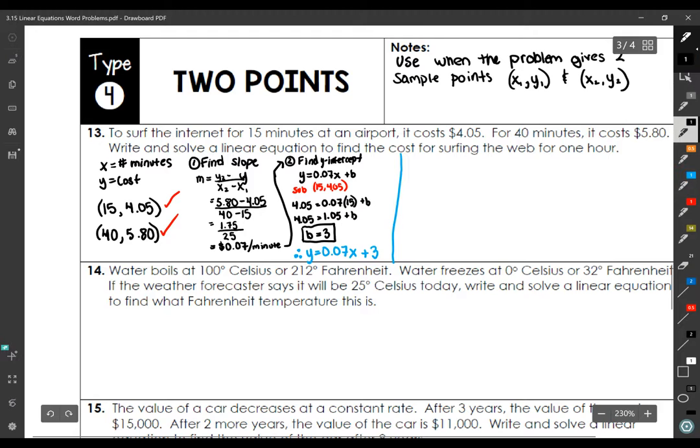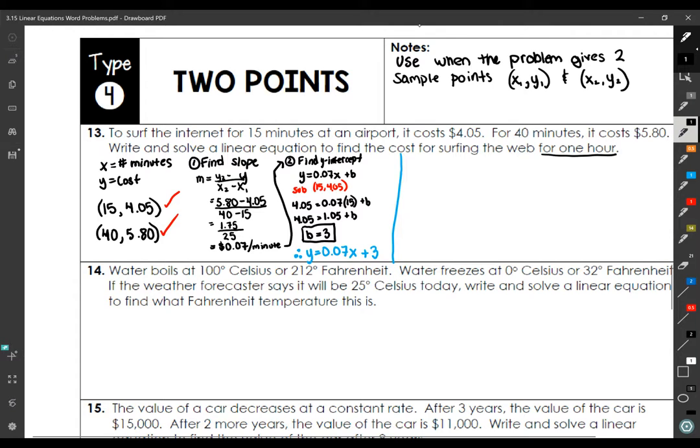Write and solve a linear equation to find the cost for surfing the web for 1 hour. Are they giving us x or y? They're definitely not giving us cost, they're giving us time. But should I set x equal to 1?